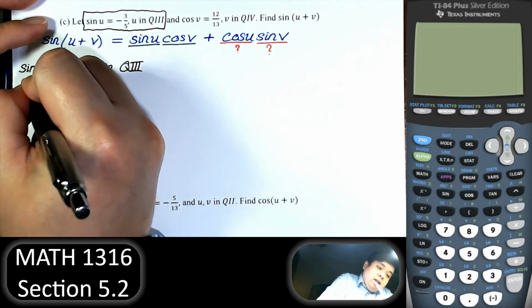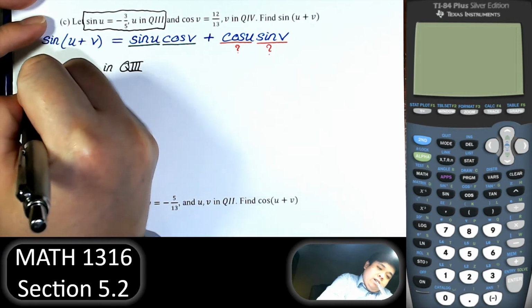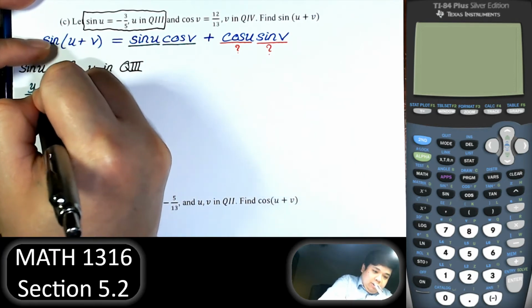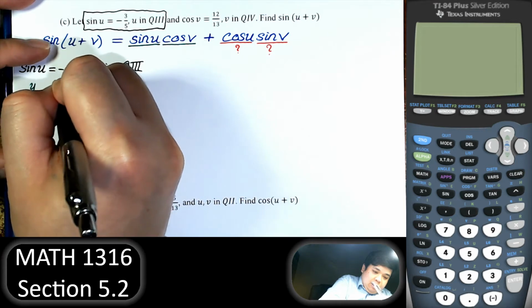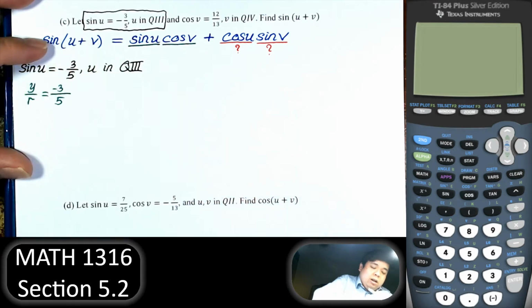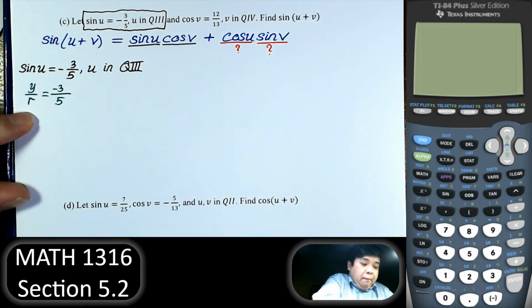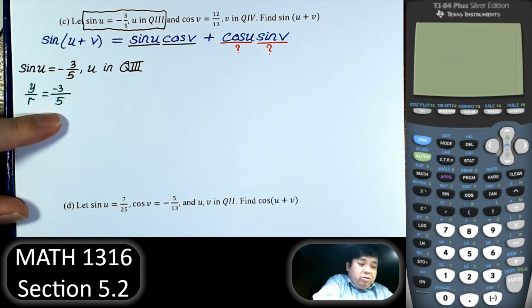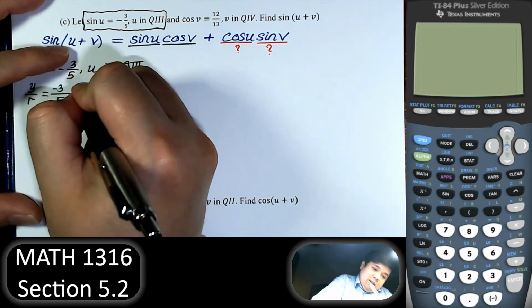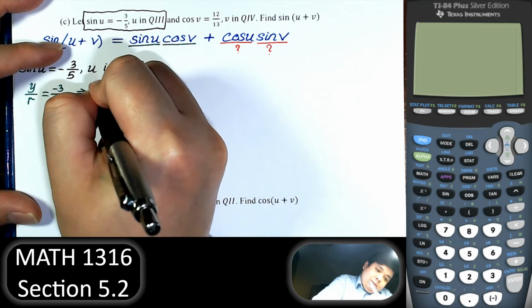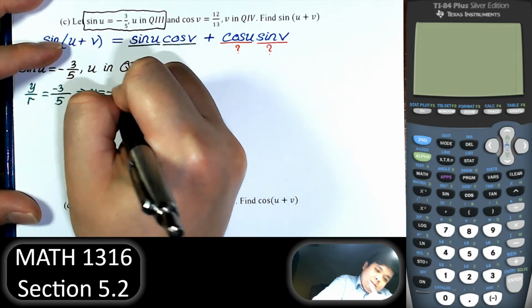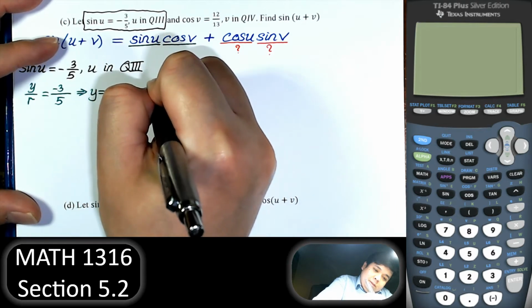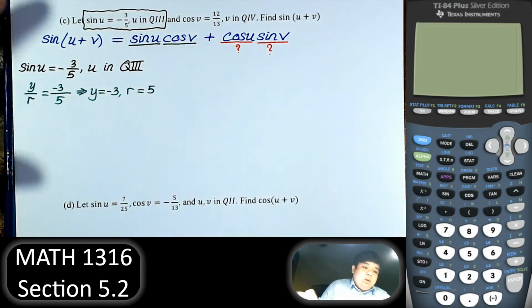Sine is y over r, right? So with this, r is always positive, so r is going to be 5, so y is negative 3. And with that, we can just solve for x.